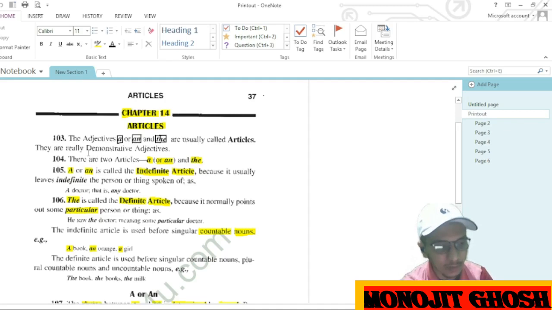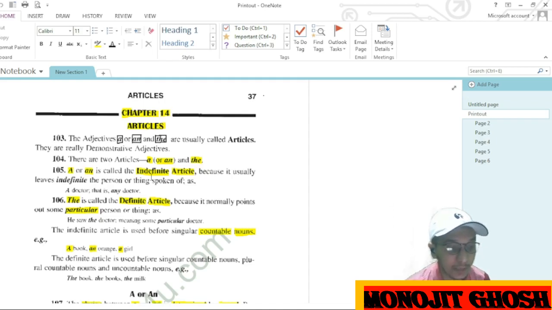They are really demonstrative adjectives, and there are two articles, a or an and the. In point number 105, a or an is called the indefinite article because it usually leaves indefinite the person or thing spoken of, as a doctor, that is any doctor.